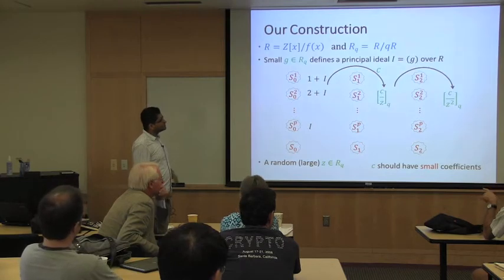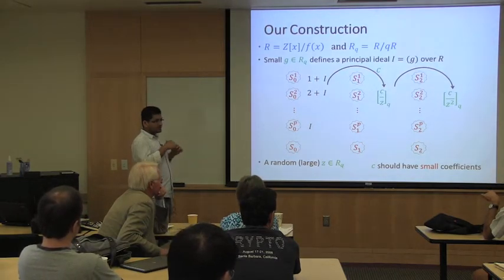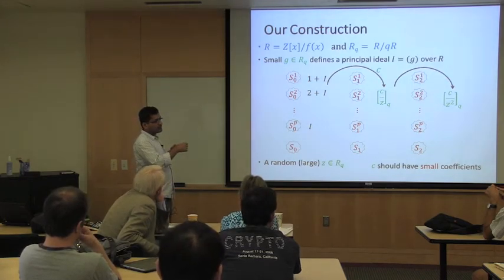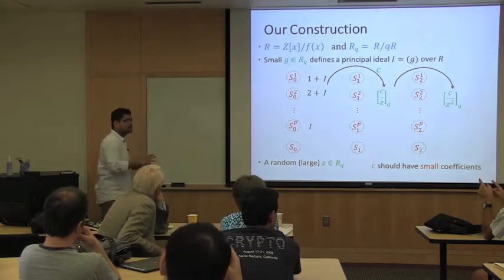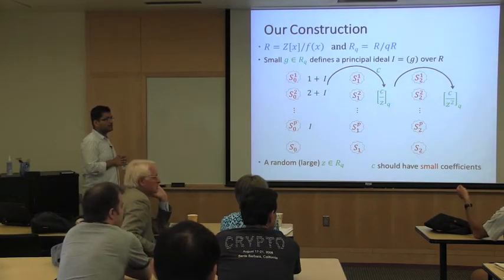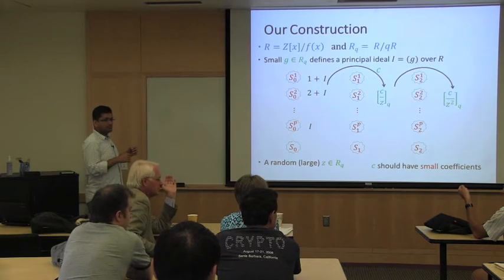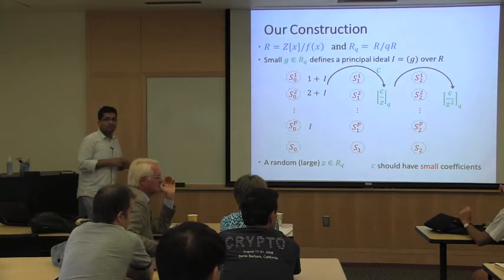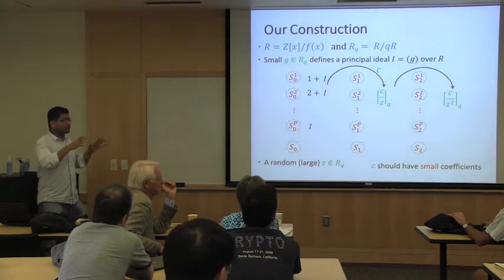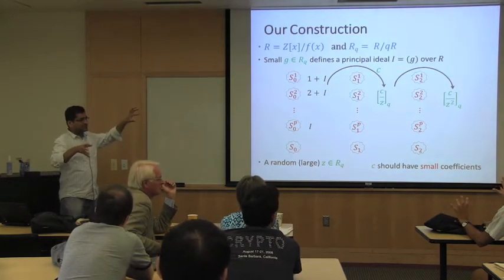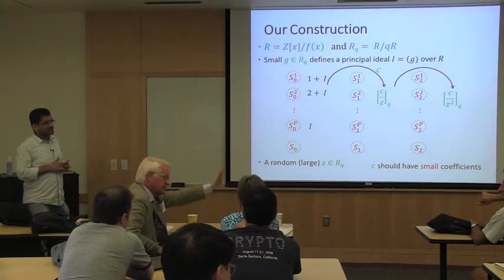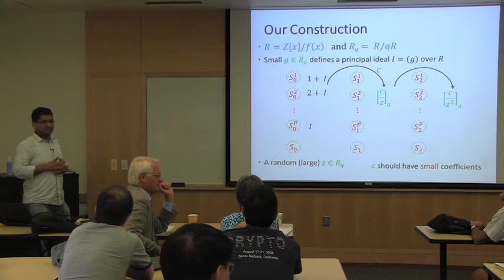So we'll get to that. The question is about adding two elements that are at different levels. Yeah, you could add two things in RQ which are at different levels. You could add them, but we don't know what will happen yet.